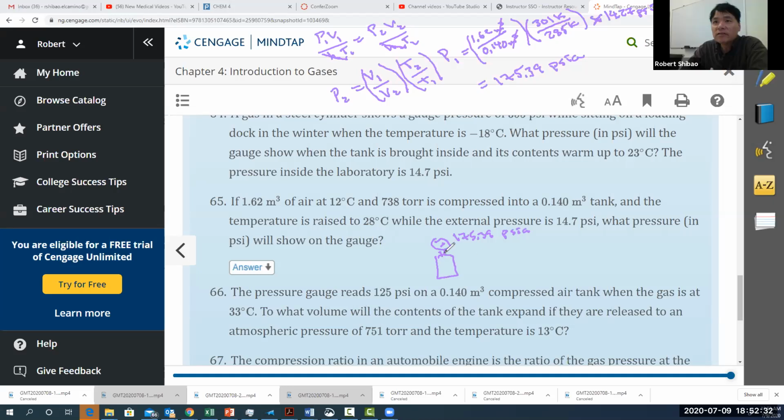Then I open the valve here and let the air leak out. As I let the air leak out, will this tank go down to 0 PSIA? Let me ask you that. If I let all the air leak out of this tank, will the pressure drop all the way down to 0 PSIA? Yes or no?